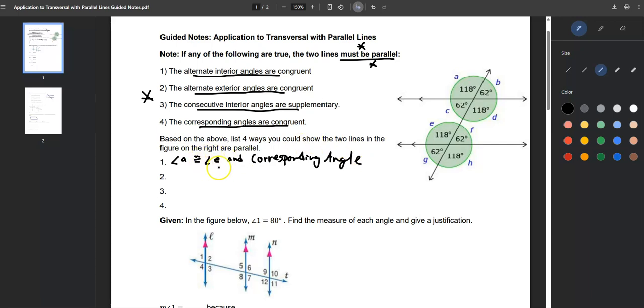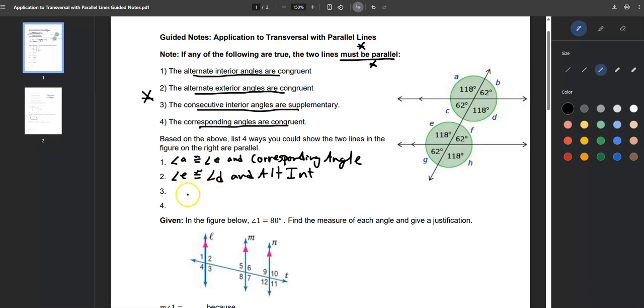So that would be one way of doing it, okay? And I could pick any pair of corresponding angles that I wanted to. I could say angle E is congruent to angle D, and they are alternating interior angles. So that would be another way. That's not the only one. There's a lot of different answers for this.